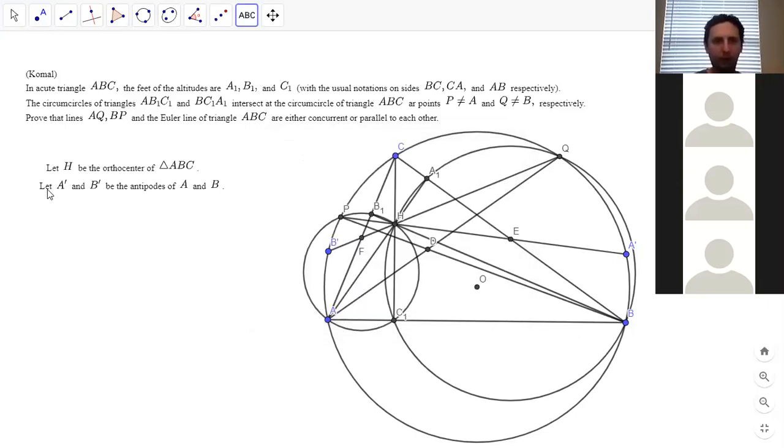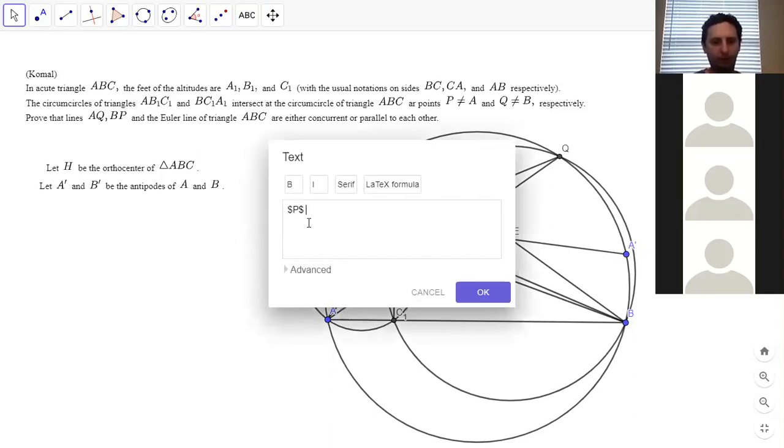So P is a Q point, so PH and A prime are collinear.